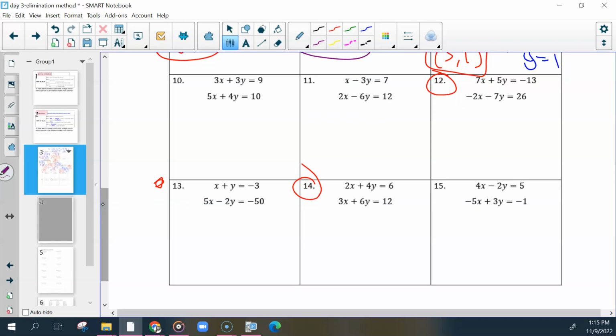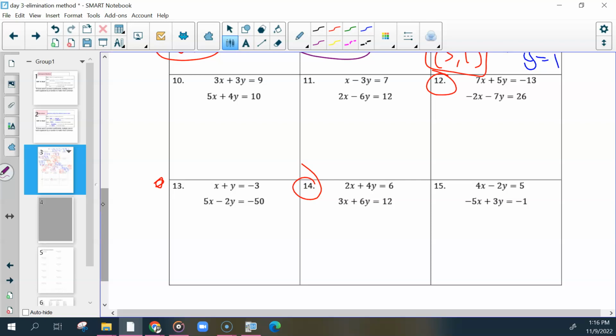Do we have a common coefficient? No. Do we want to eliminate x or y? Doesn't matter. I would say when you ask yourself that, look at which ones have the smaller numbers, just because you'll end up with smaller numbers instead of bigger numbers, but it really doesn't matter.